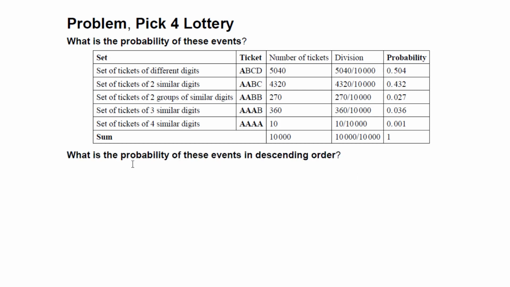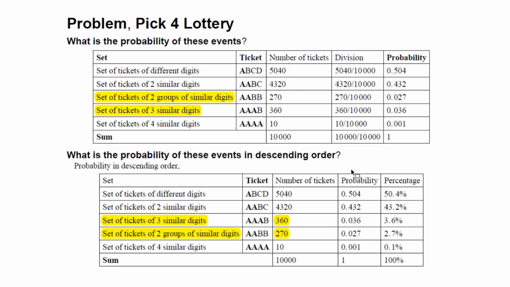Another question, what is the probability of these events in descending order? So we realize here that these two events are not in order, so we swap them and we get everything here in order. So now the last question is, what is the meaning of these probabilities?